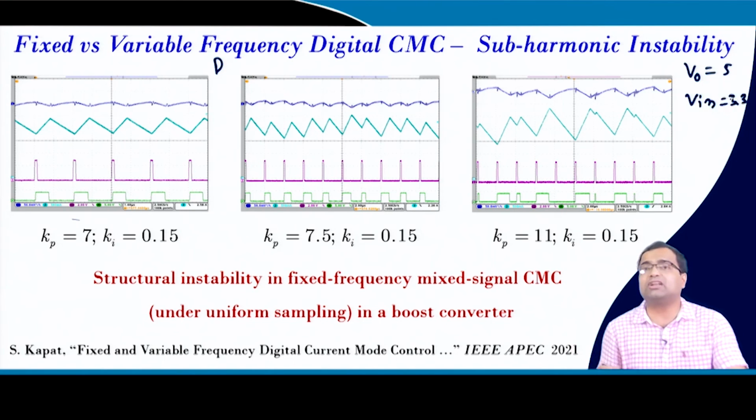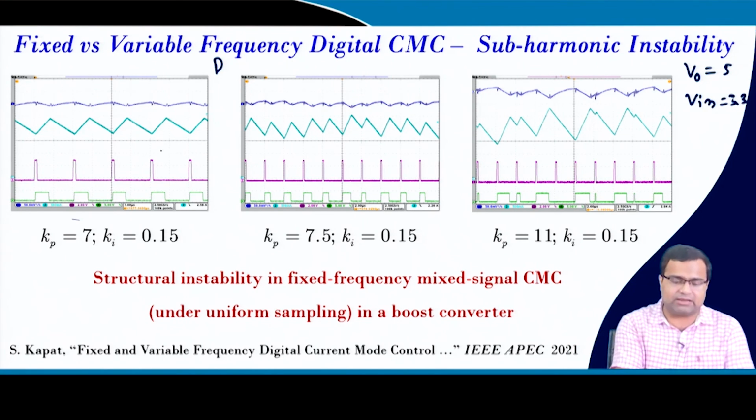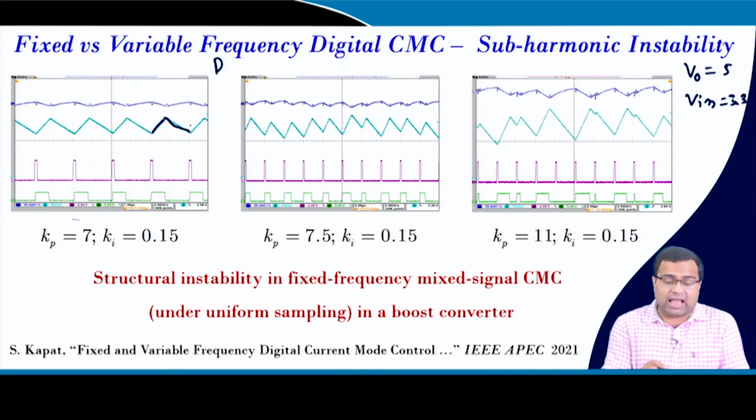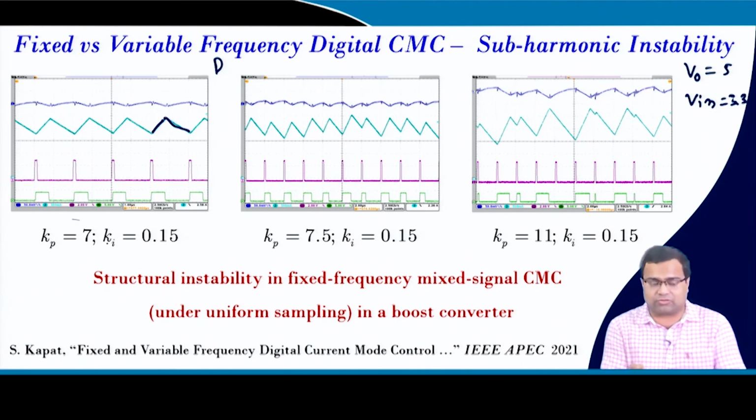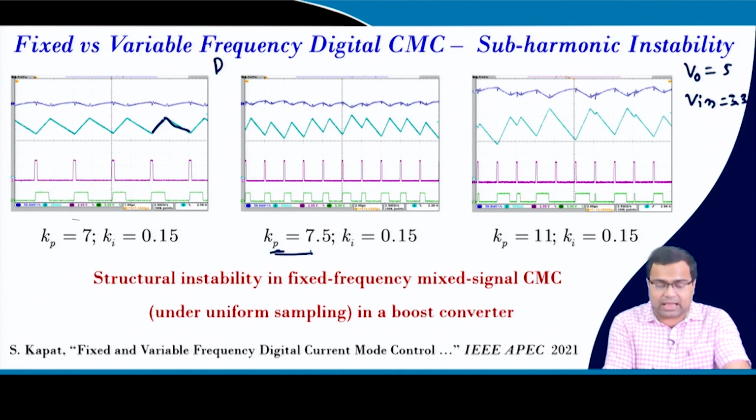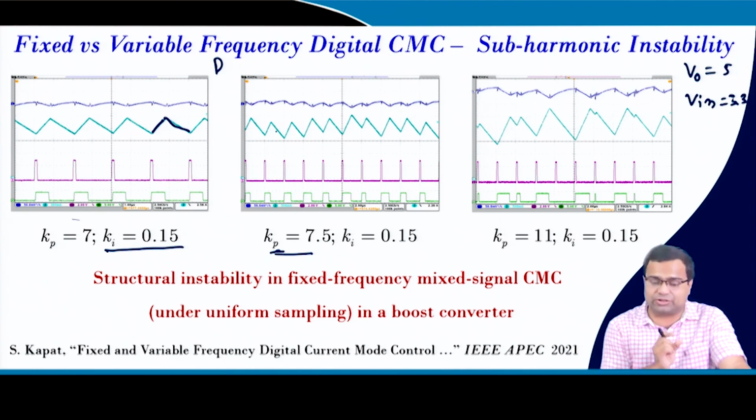So, it is a much lower duty ratio, less than 0.5, and you can see this from the on time and off time. And if it is a PI controller, if we slowly increase the integral gain or proportional gain, and this is a discrete time integral gain, then the current loop will become stable even for low duty ratio operation.